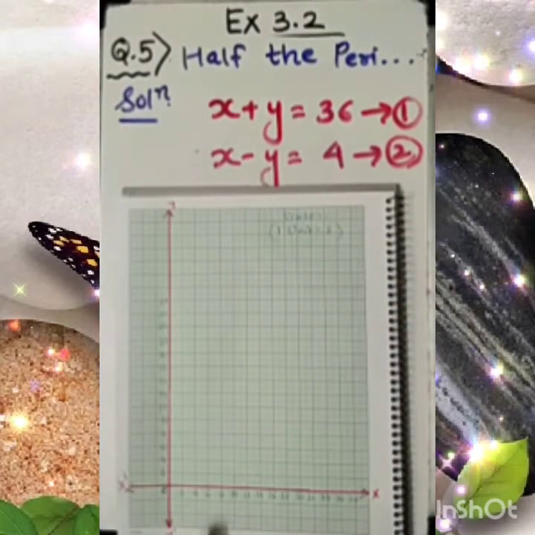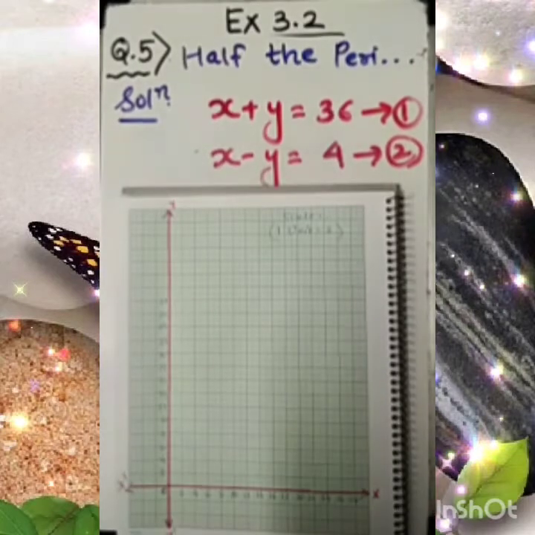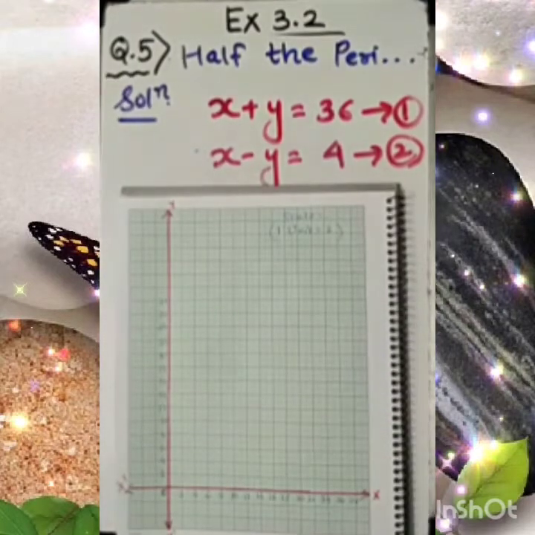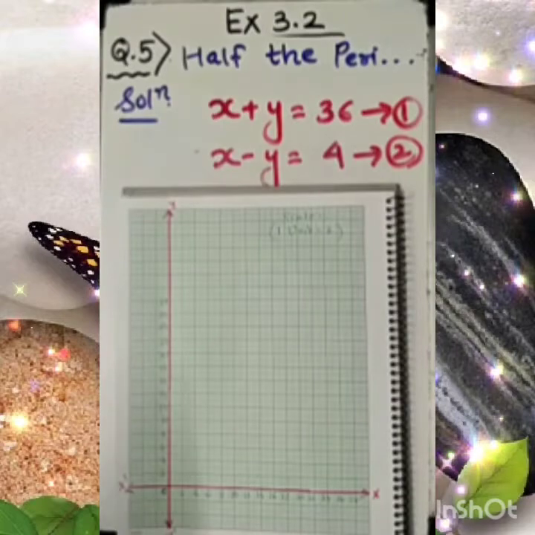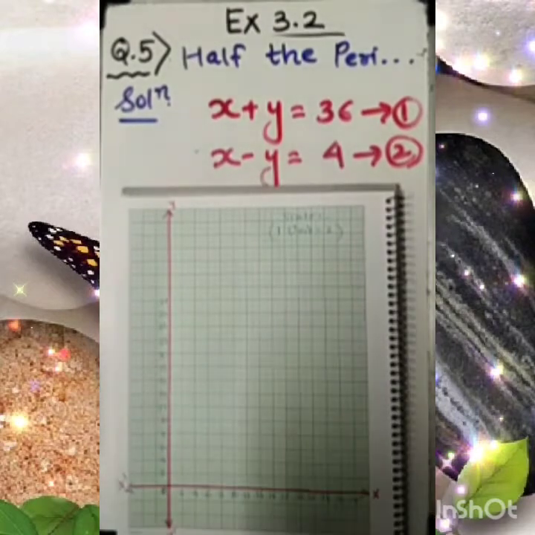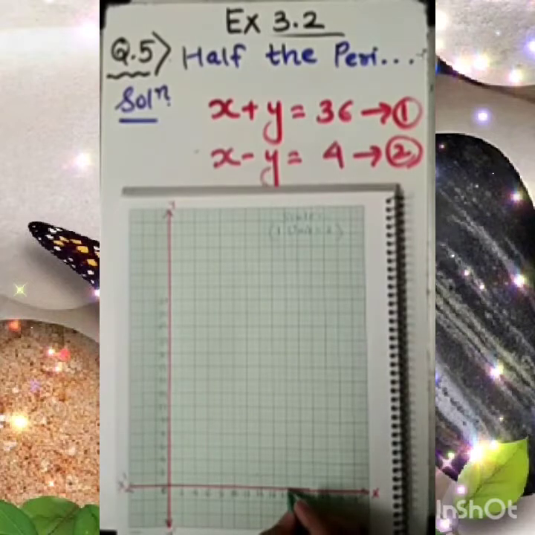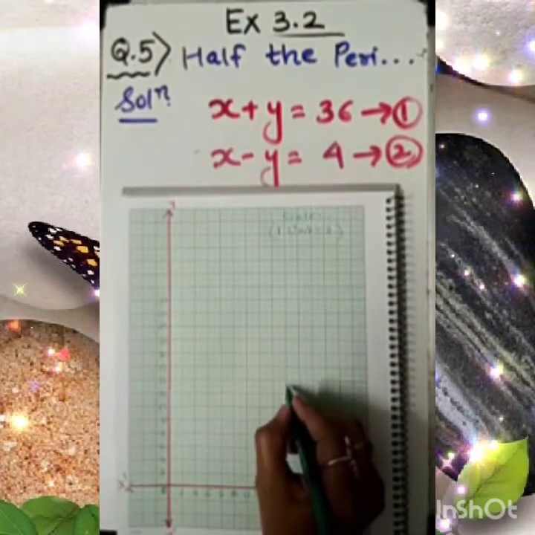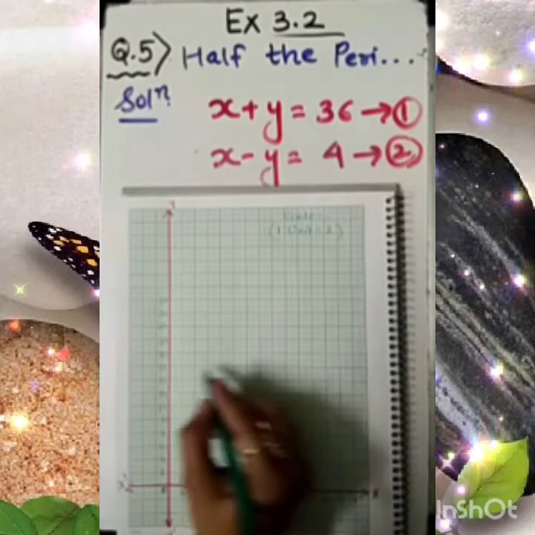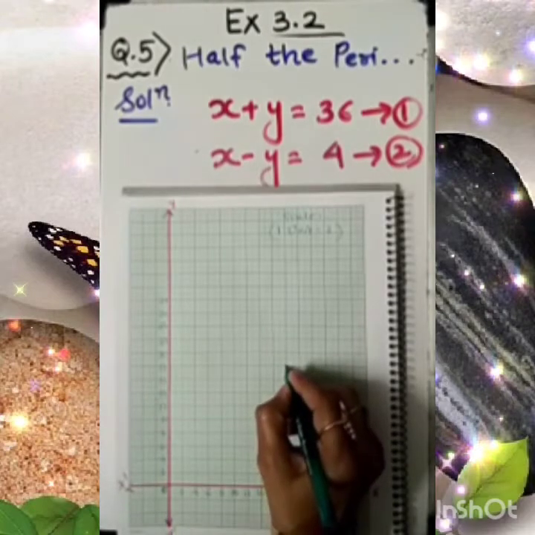So dear student, first point let's locate. The first point we want to locate on the graph is 18, 18. So 18 on the x-axis, from here I am moving, and 18 on the y-axis, the point is coming somewhere here.